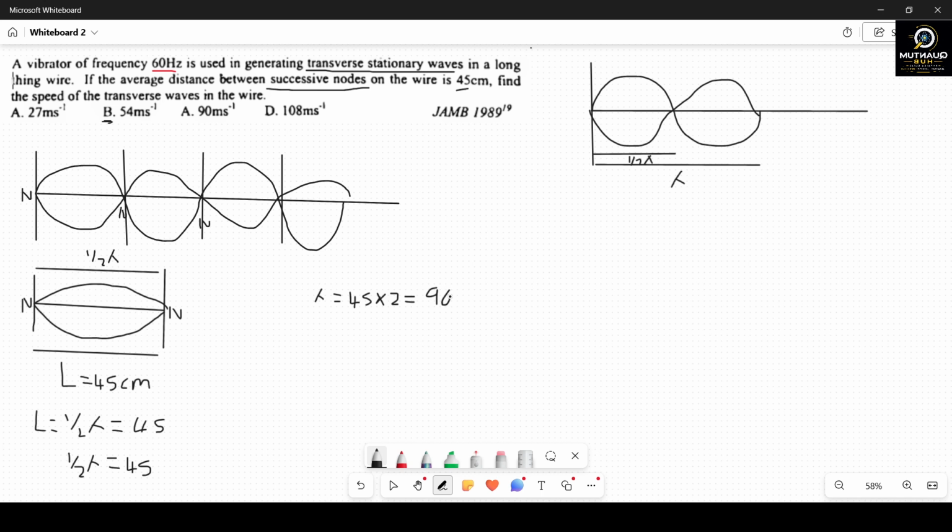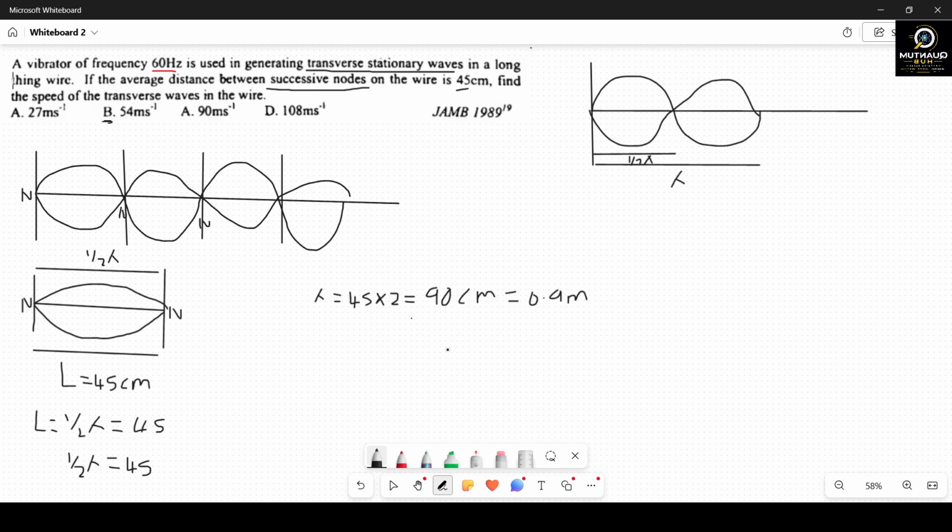centimeters. So you need to convert this centimeter to meter, so you divide it by 100, so that will give us 0.9 meter.